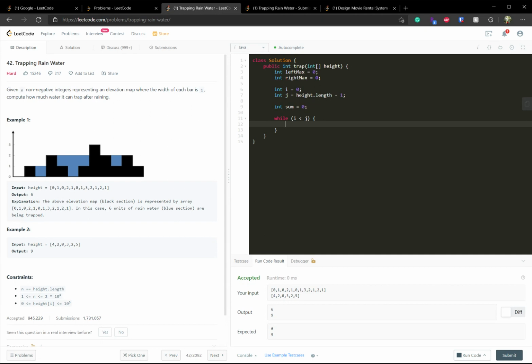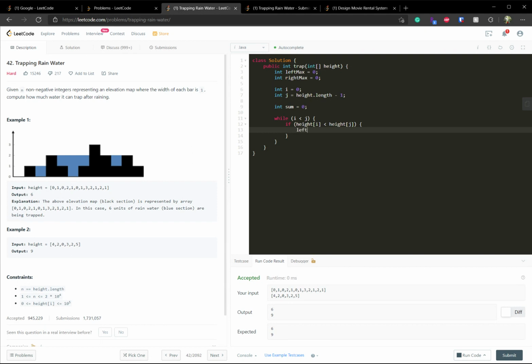And okay, so now first, like I said, we need to check which side is lower by doing this comparison. And if the left side is lower, then we know for sure that there's a chance that we might find some water trapped on top of this building. So first, we can update the global max on the left side.